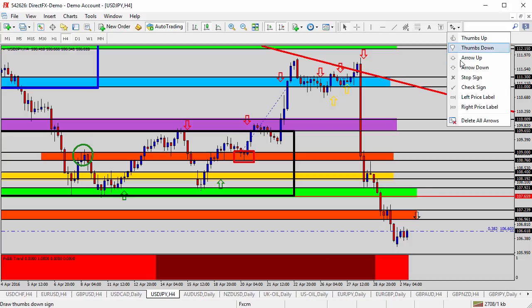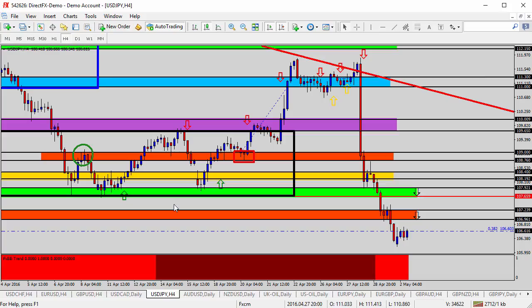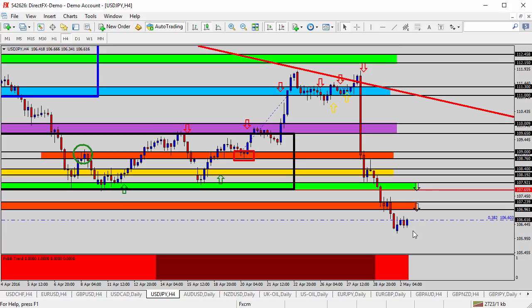Now there's a good chance it could also take a turn back to the green shaded area where these historical supports were on the left-hand side, but one of these two areas, either 107 or into the upper 107s, becomes our resistance for the day today. We don't really want to go long. There's no evidence of reversal here yet for this currency pair to go long, but definitely watching for opportunities on rallies to resistance to go short here.